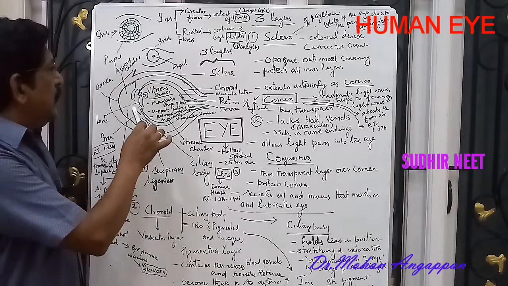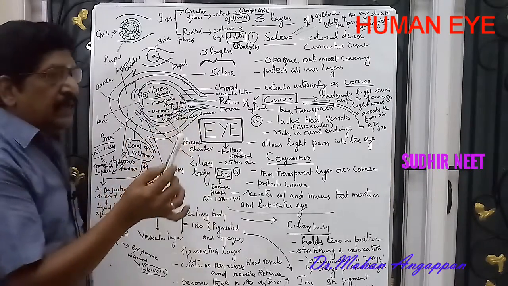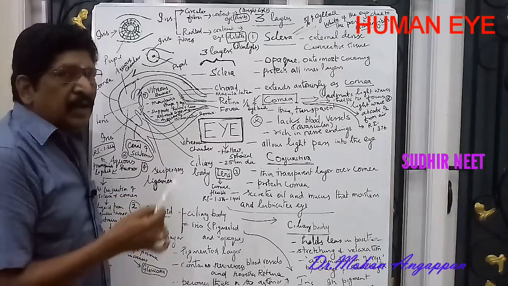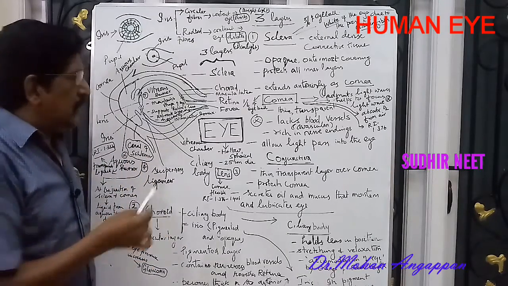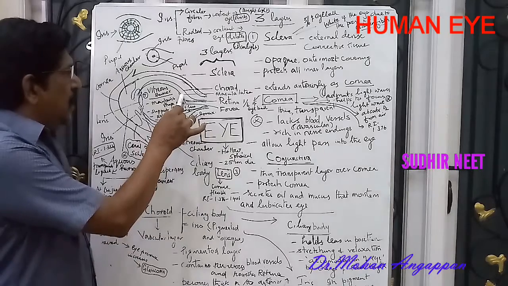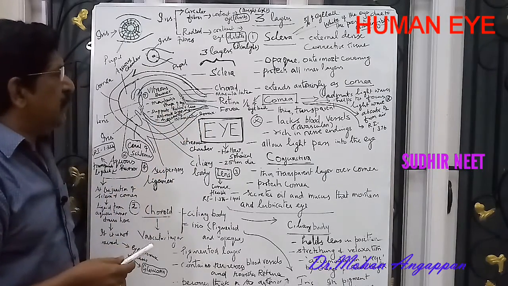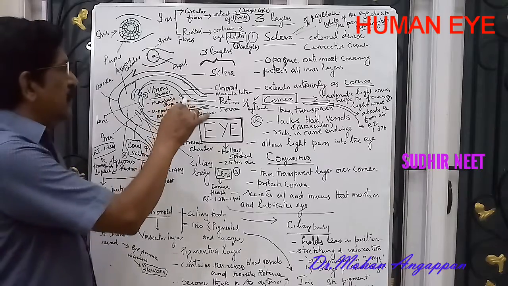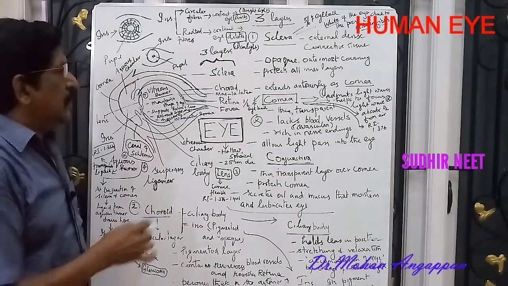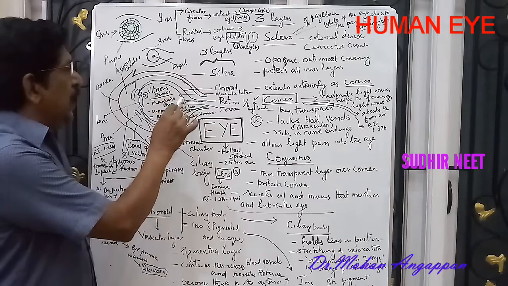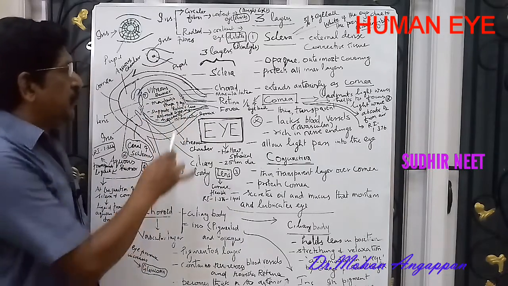Then the third layer, retina, we'll talk about in the next video, because we have to talk more about the retina. One thing here, you get a furrow called fovea in the retina, in the region of the yellow colored region, macula lutea.